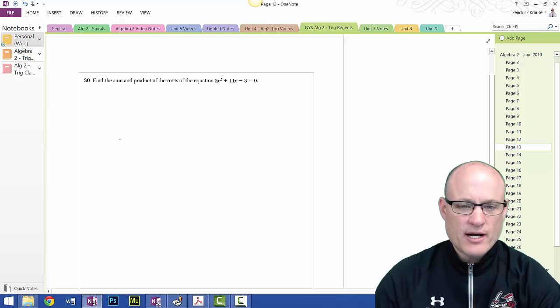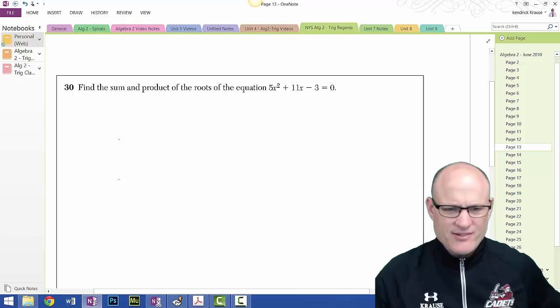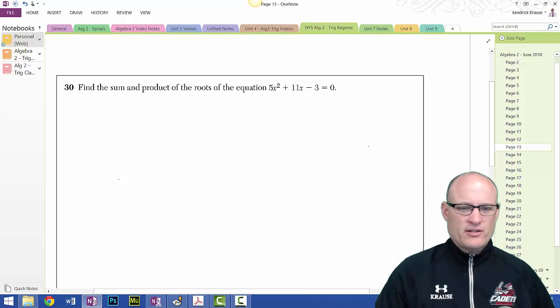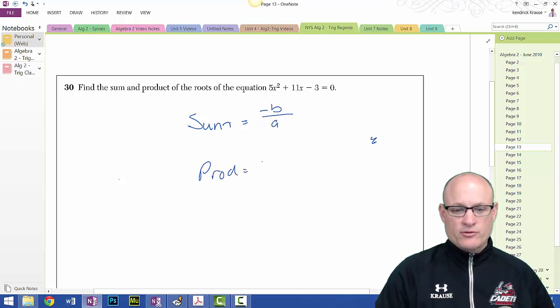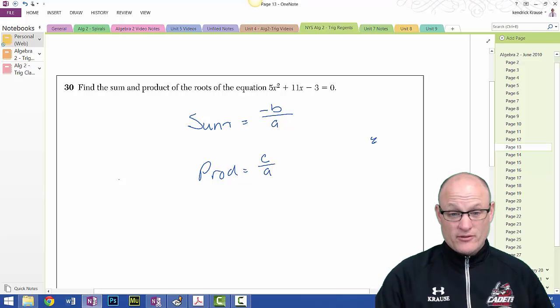Sum and product. They've asked this a number of times on the test, and this is nothing more than a formula. You just have to memorize a couple of formulas. If you remember, the sum is equal to negative b over a. Yes, that says sum. And then the product is equal to c over a. And you actually have to show work. You need to show your formulas. They're very simple formulas.